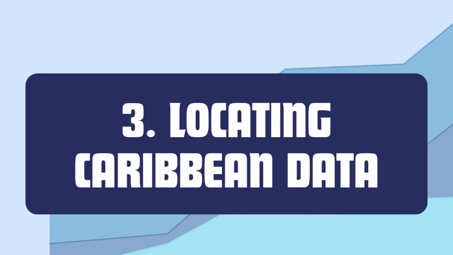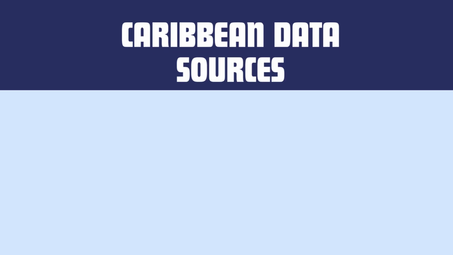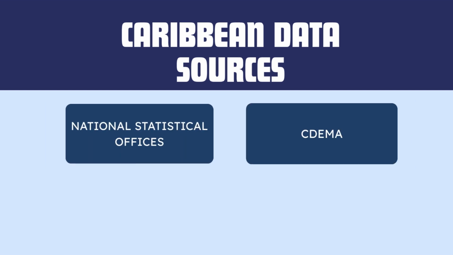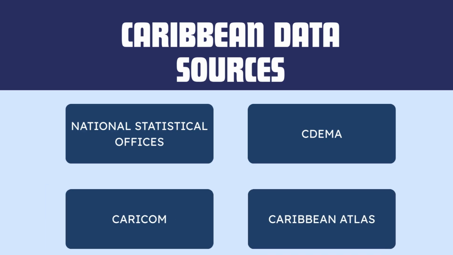As this challenge is aimed at the Caribbean region, let's look at some Caribbean-specific sources of data as well. Several regional bodies collect data on different issues affecting the Caribbean, including climate, inequality, education, and more. These bodies include National Statistical Offices, the CDEMA, CARICOM, and Caribbean Atlas.